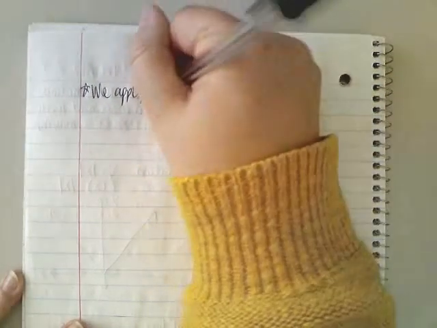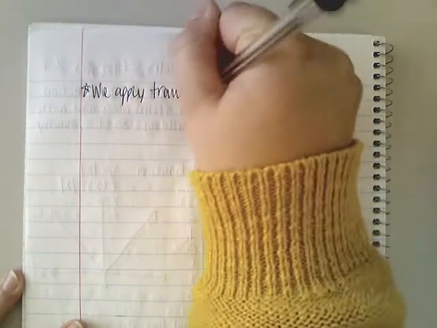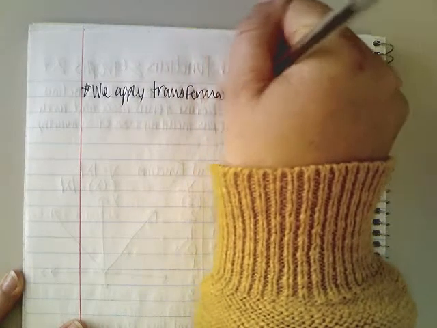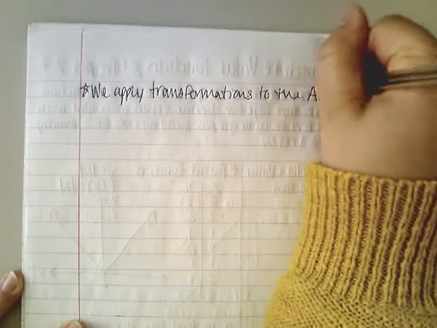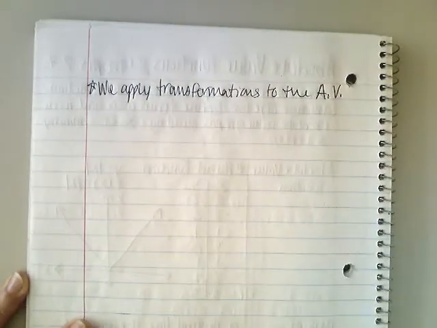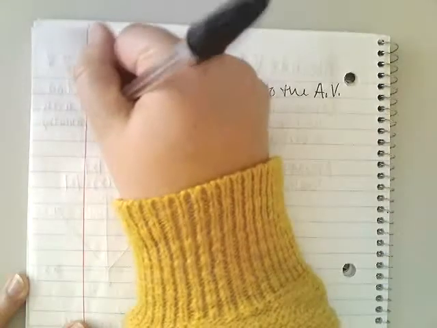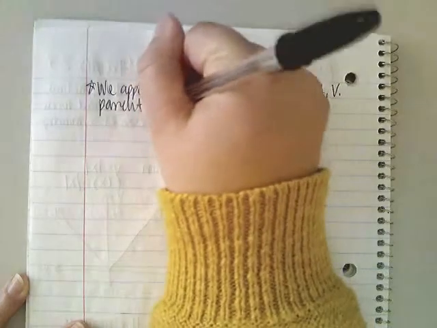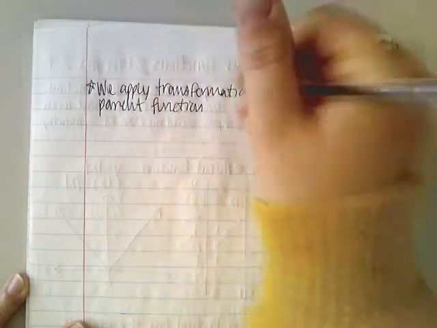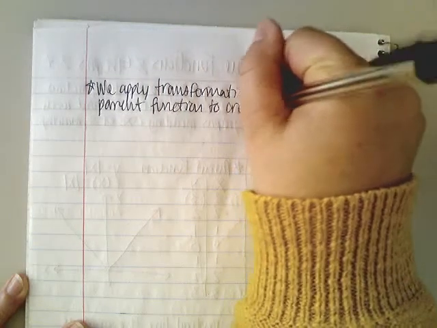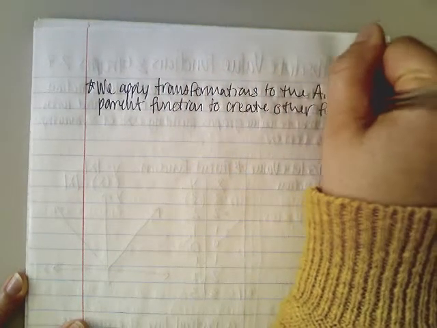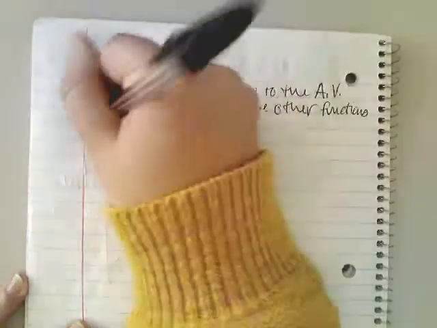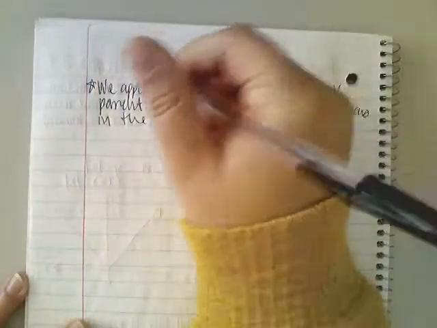So we apply transformations to our parent function, or to the, I'm going to abbreviate absolute value as AV, and I'll do that a few times this lesson just as a warning. Parent function to create other functions in the absolute value family.